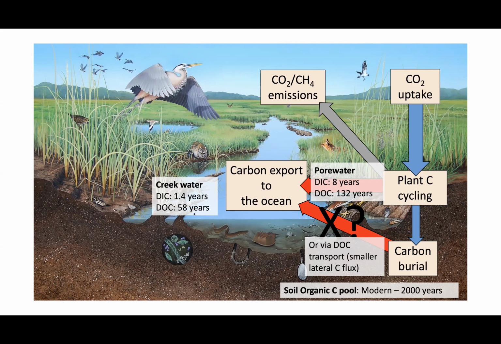And so it largely suggests that we're not decomposing our soil organic pool, and that the carbon export is due to modern plant inputs, not to relict carbon being lost, which is good in terms of we're not burning through our marsh right now. And thinking about what it means for carbon benefits and blue carbon, if you're burning through relict carbon, that's really different than if you're taking up modern carbon.